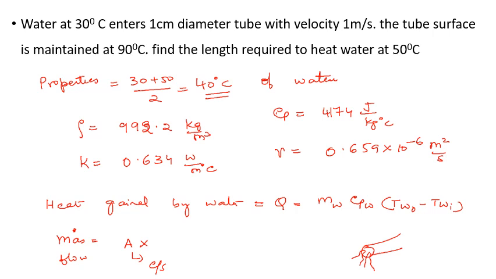So it is cross-section area, pi by 4 into the diameter square, the diameter is given here, into the length. If the length is not given, we can take that as 1 meter.